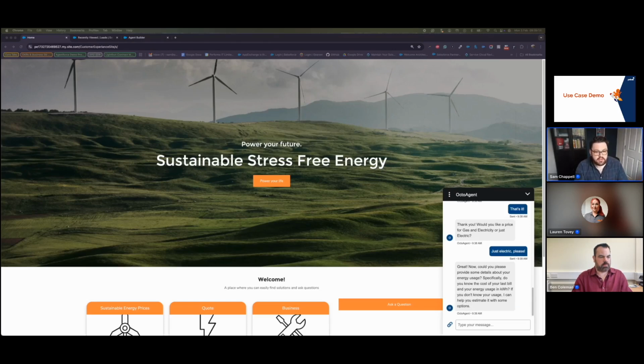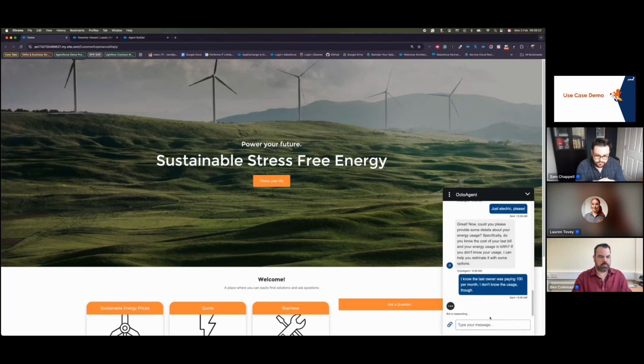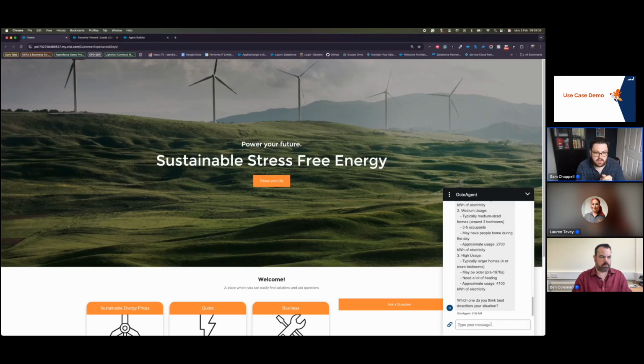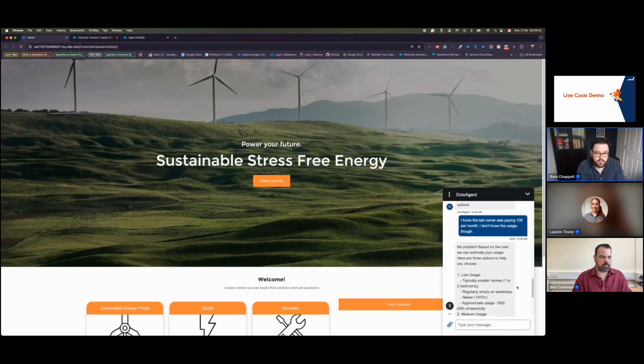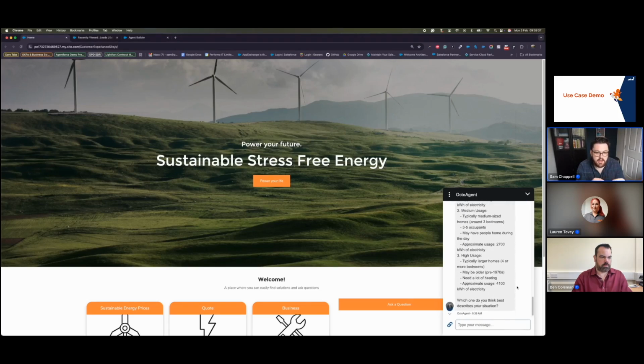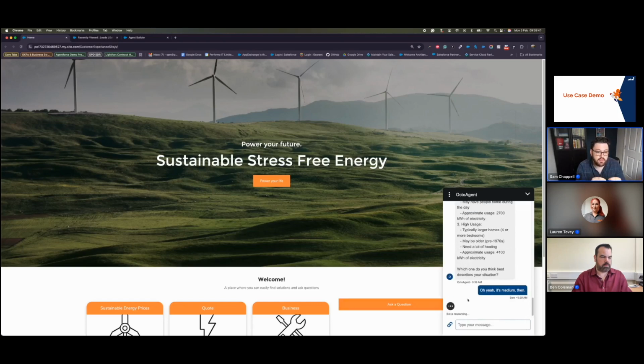So you can see what we're going to do next is ask for some information around their previous energy bills. In this case, we know that we were paying £100 a month for our energy, but we don't know what the usage is. That's not something that we've got oversight in at the moment. And so we can see, to help generate a quote, we've got some examples and some information based on some knowledge articles around what those different usages might be, so that someone can make an estimated guess about what they're doing.